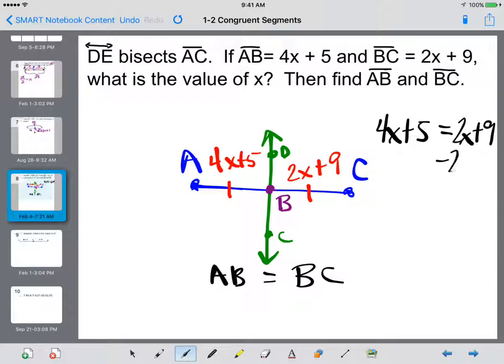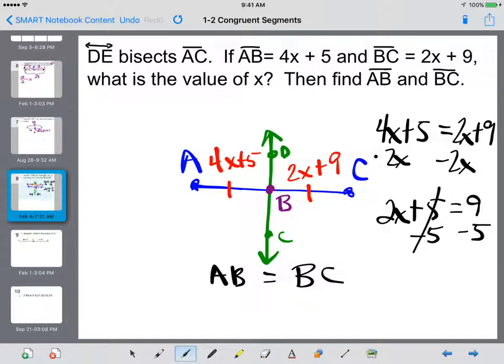So I'm going to subtract 2x on both sides. So we get 2x plus 5 equals 9. Get the constants together. So subtract 5 on both sides. We have 2x equals 4, divided by 2, and x equals 2.